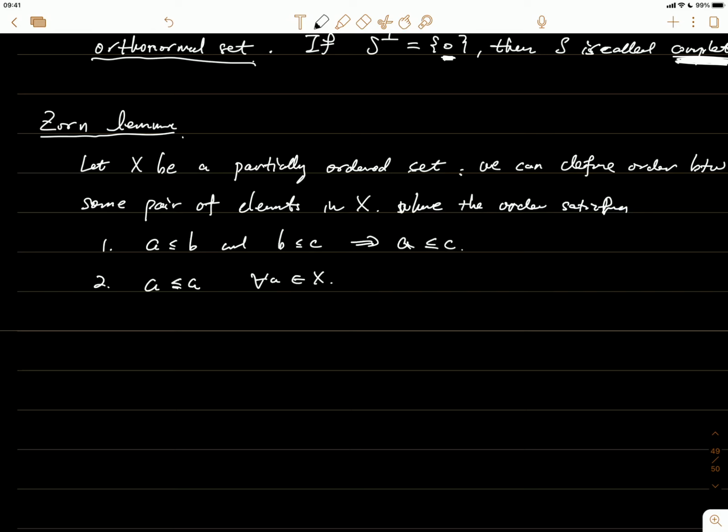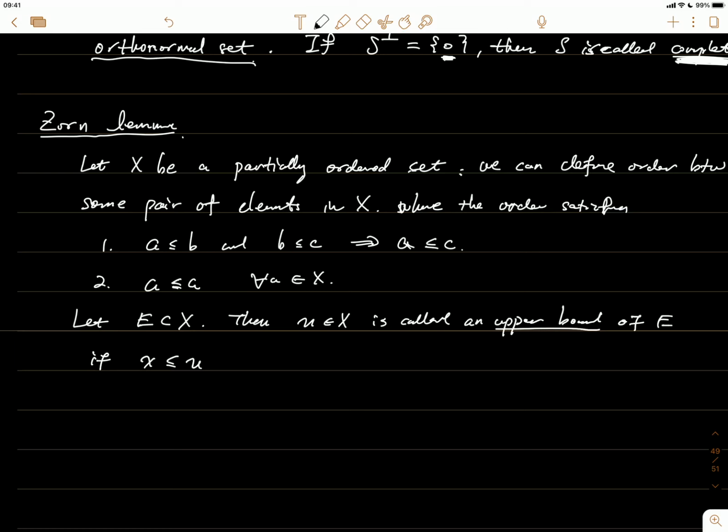Okay, and then let's consider a subset of X. Let E be a subset of X. Then U, which is an element in X, is called an upper bound of E if you pick any element from E, it is less than or equal to U. Okay, this is the case we call the upper bound.